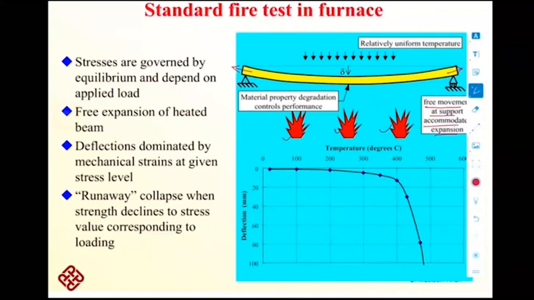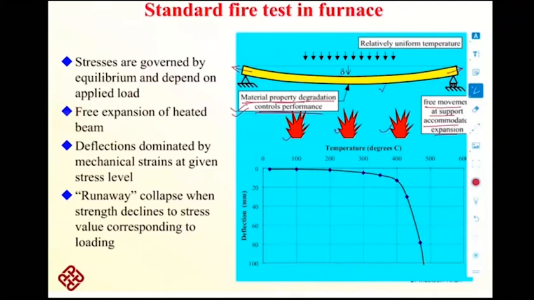If it is not inducing any additional stress, it could reduce the material properties. Then only it could affect your structure. So the stresses inside your member would be governed by the degradation of the material properties. That would be the important criteria in this kind of test where you are not stopping it from expansion. So where the free expansion is allowed, the behavior would be governed by the degradation in the material properties.